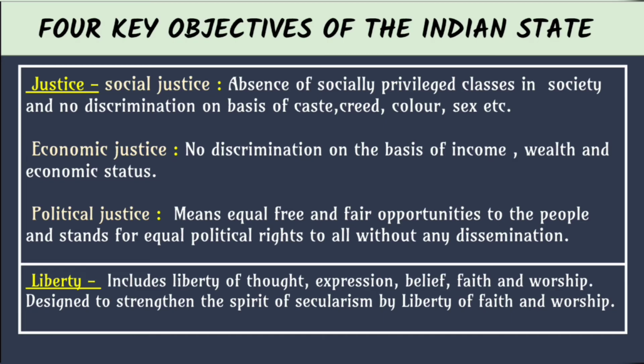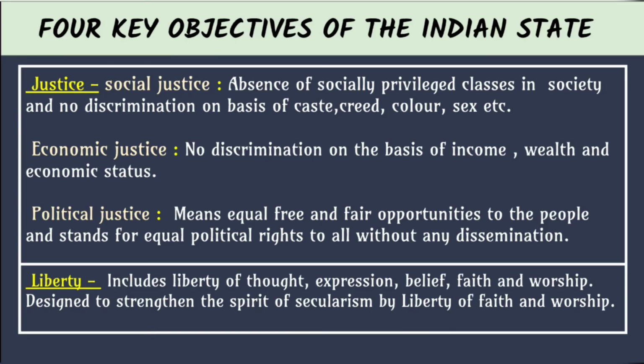Liberty means freedom of thought, expression, belief, faith, worship. This is called liberty, and this is designed to strengthen the spirit of secularism by the liberty of faith and worship. So this liberty stops discrimination of religion and strengthens secularism even more.